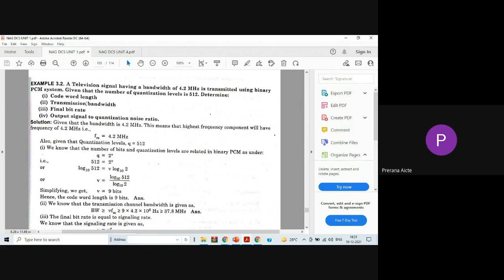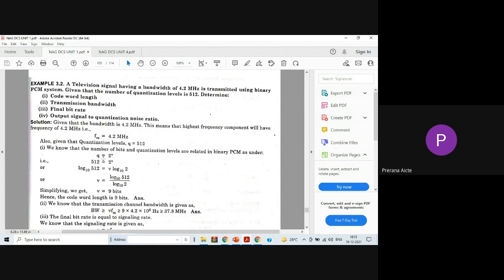And what we need to find? First, the code word length. In order to find the code word length, first you have to write the relation between quantization levels and the number of binary digits v. Because we know the value of Q, we get v, and from that we can find the code word length.